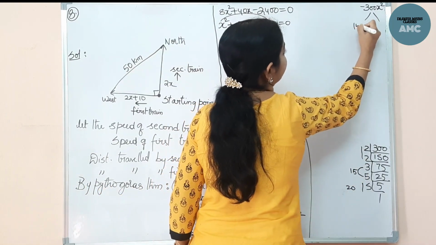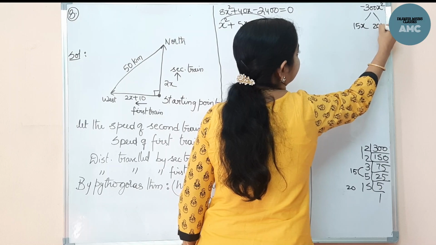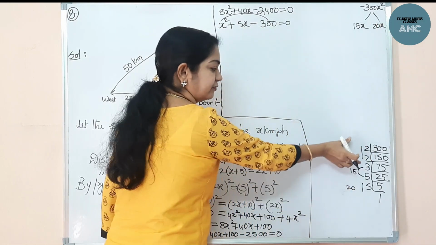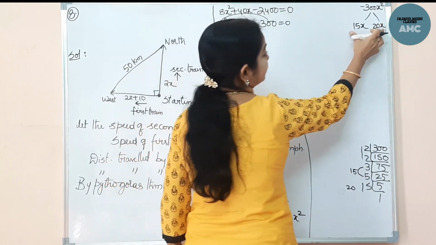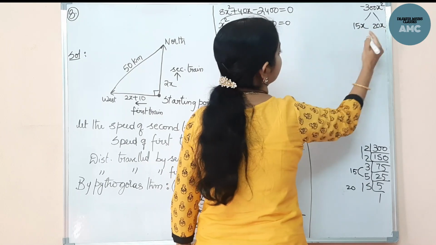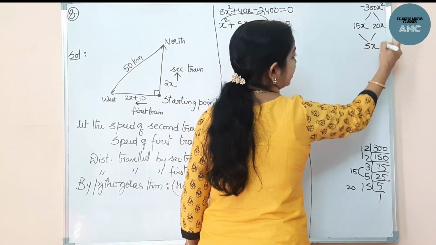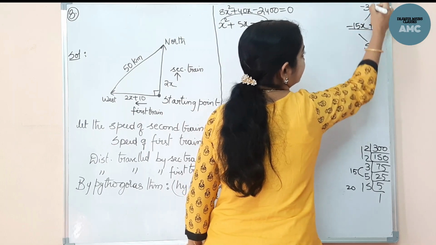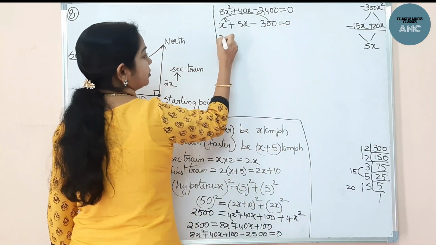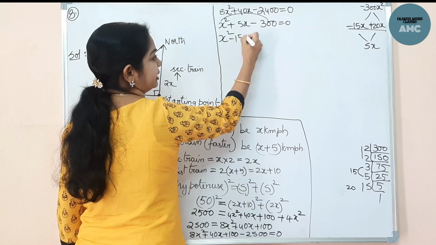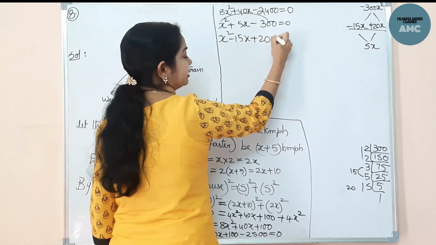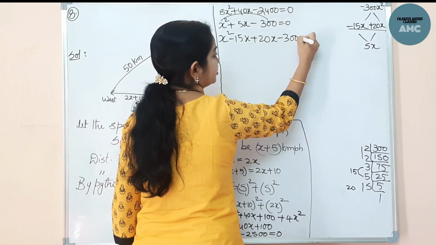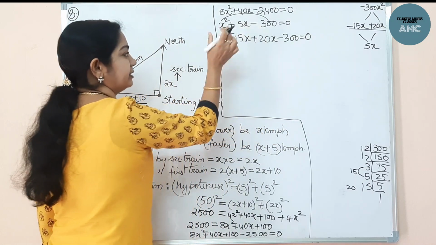So let's take 15x and 20x. Only two such terms you have to take. Here you got 5x, this is plus 5x, so keep plus here, minus here. If you multiply, you get minus 300x square. So x square minus 15x plus 20x minus 300 equals 0. So we split the middle term.